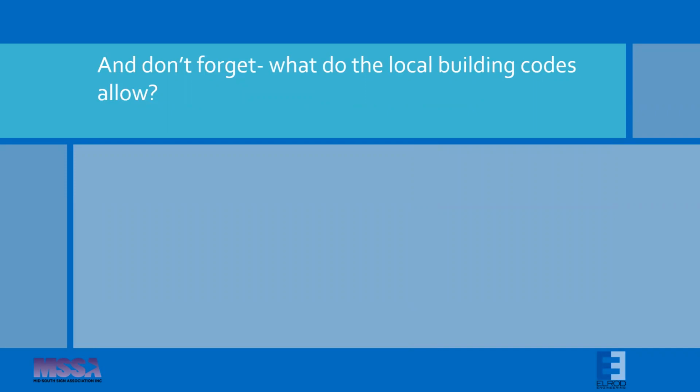Another thing to remember is local building codes may have other issues, other things to consider beyond those design manual standards. We've recently run into 2 different sites that I like to bring out.